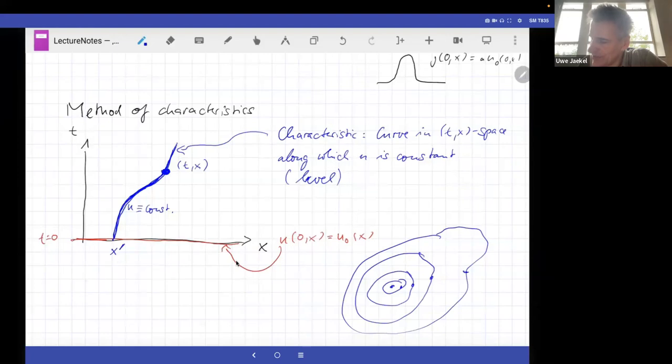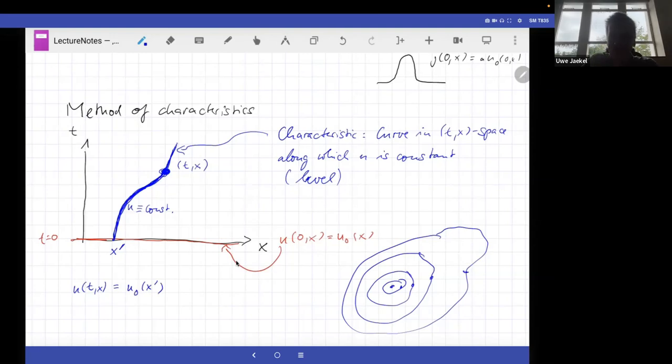This means that for u of t, x, all we have to do is follow the characteristic. How we find the characteristic, I will show you in a second. We follow the characteristic until we hit the boundary, and on the boundary we know the initial condition, so that will be just u0 of x prime.